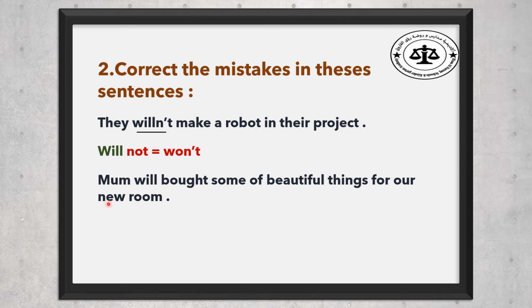This is, excellent, buy. So the sentence is, Mom will buy some beautiful things for our new room. Don't forget that after will, we must put what? Infinitive verb. Yes.